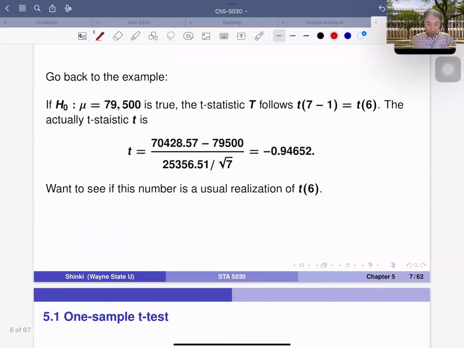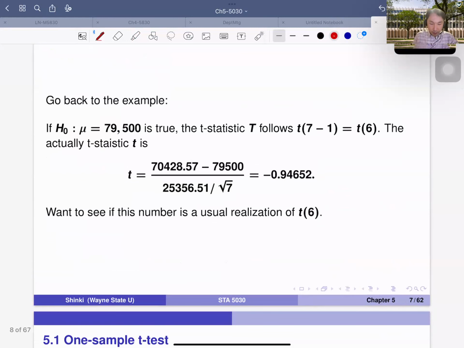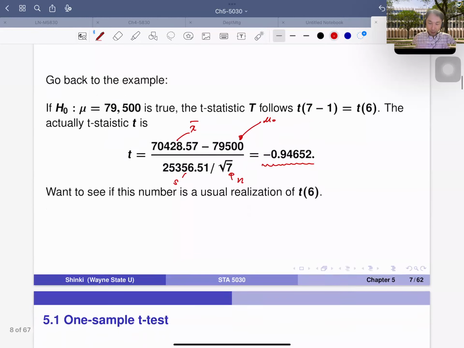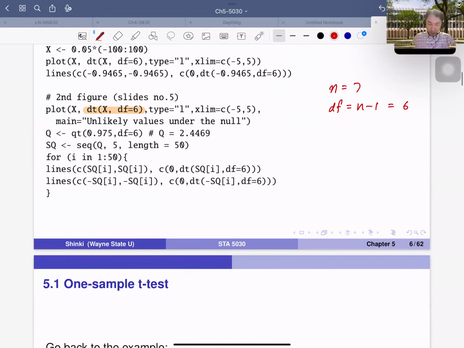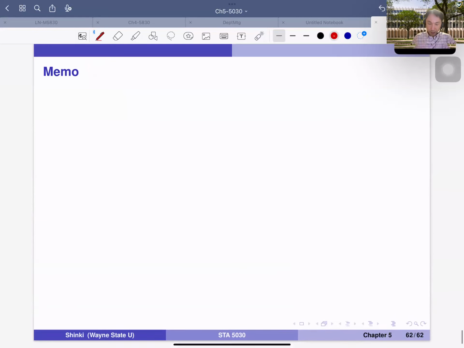And what is our t-statistic? This is the sample mean, this is the standard deviation, and this is the sample size n. If you plug in these numbers, with this mu naught, this t becomes negative 0.94652.